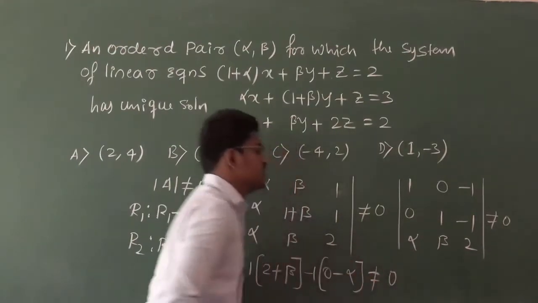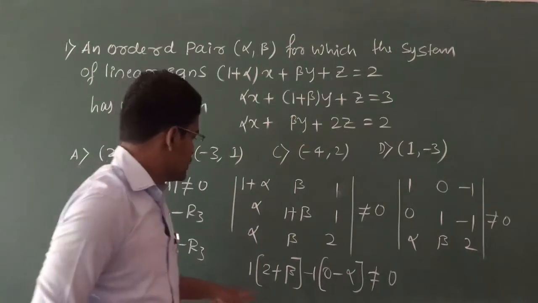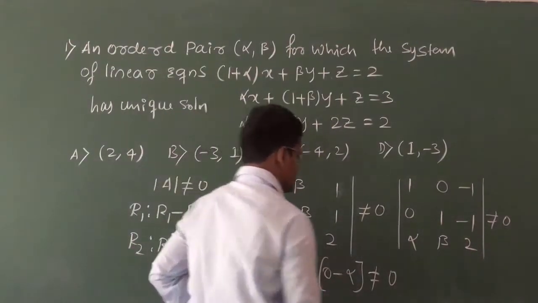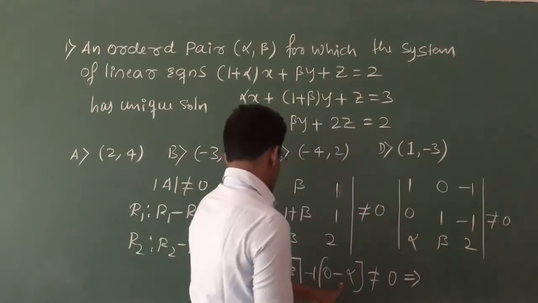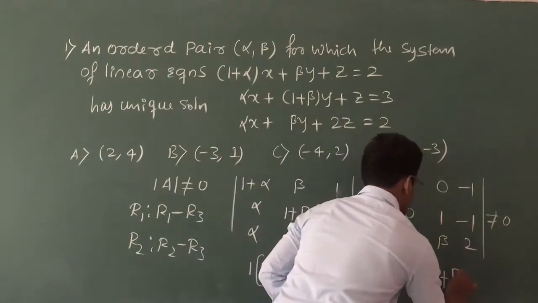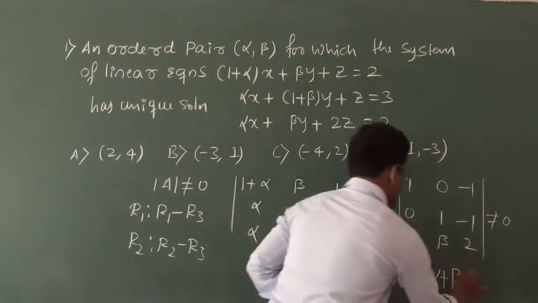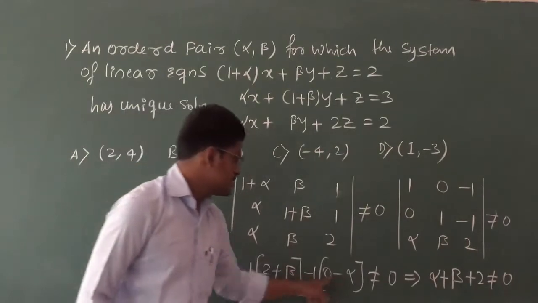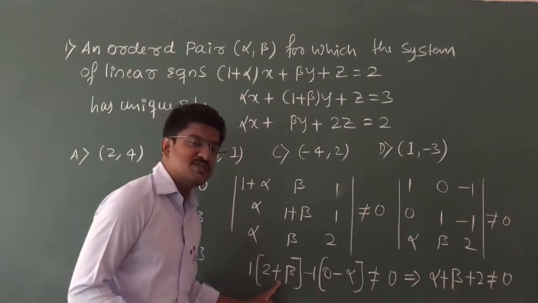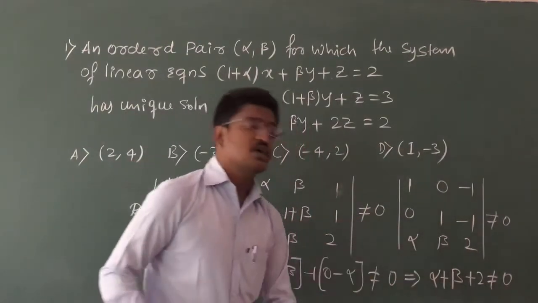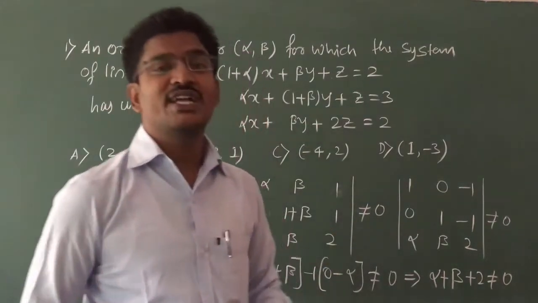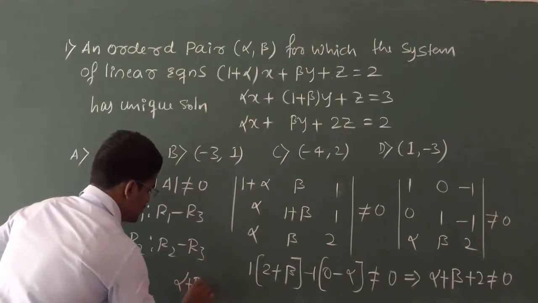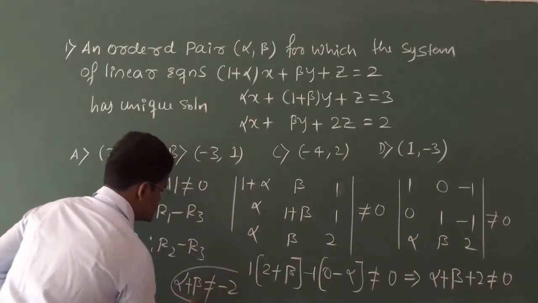Minus into minus is plus alpha, so alpha plus beta plus 2 is not equal to 0. Here you get your answer: alpha plus beta is not equal to minus 2.